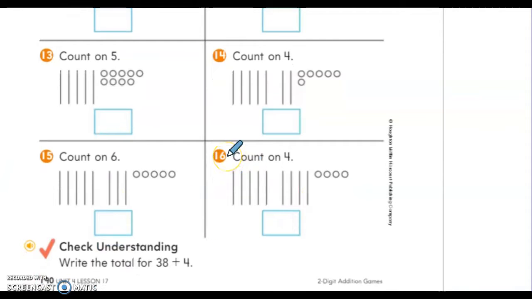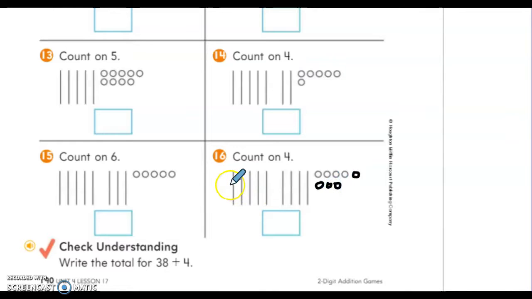Let's try number 16 together. So we're going to count on 4. It's really important that you look at this part first before you just count the number and put it in there, because it tells you the directions. Count on 4. So here we have 1, 2, 3, 4. We need to add 4. 1, 2, 3, 4.